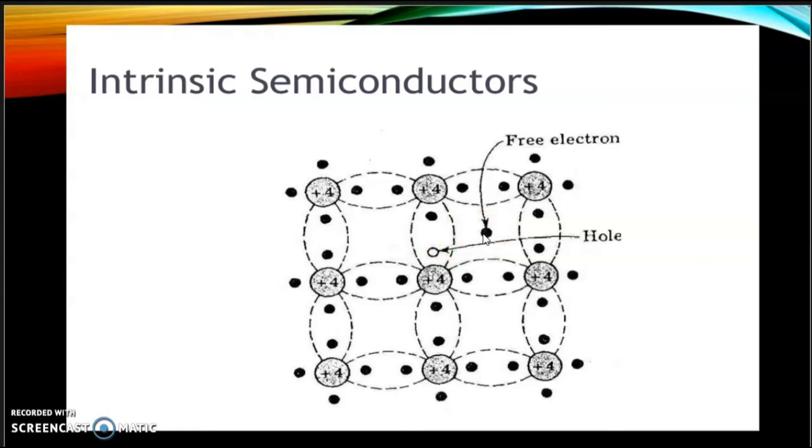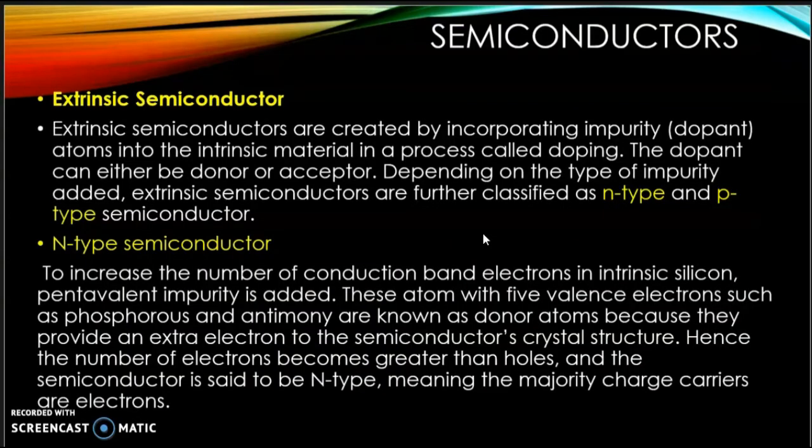Now let's look at the other classification of semiconductors, which are extrinsic semiconductors. These extrinsic semiconductors are basically the normal intrinsic semiconductors we know. But we know intrinsic semiconductors are in their pure state, with no crystalline defect.